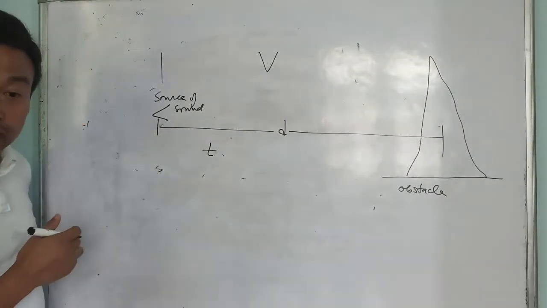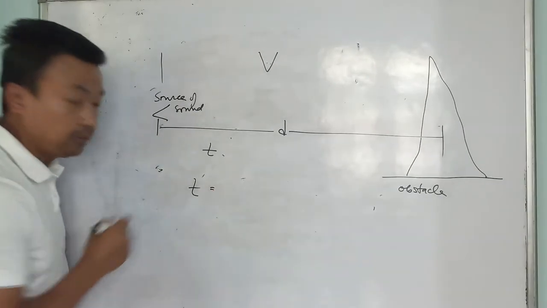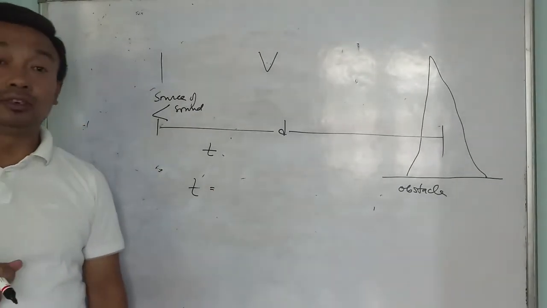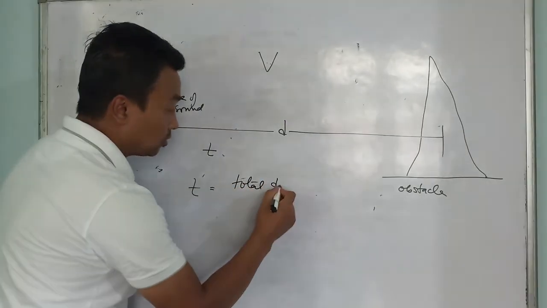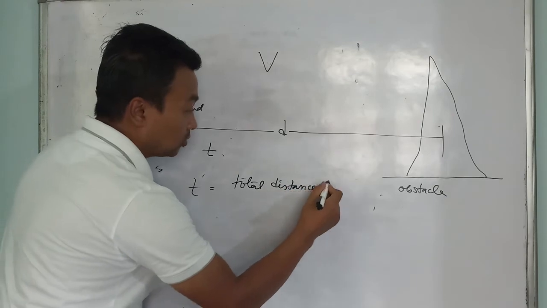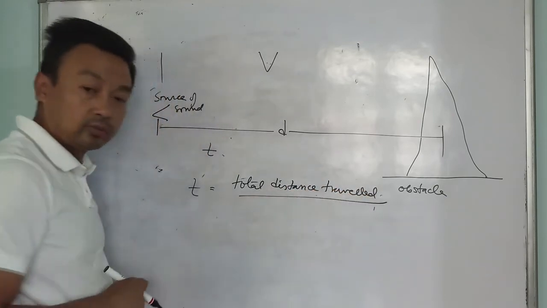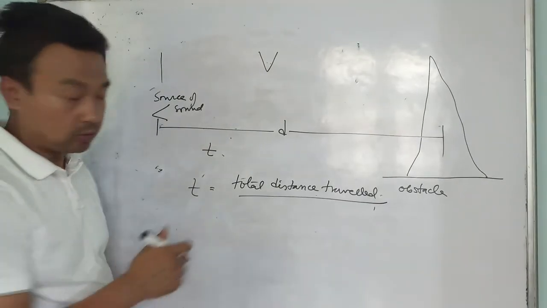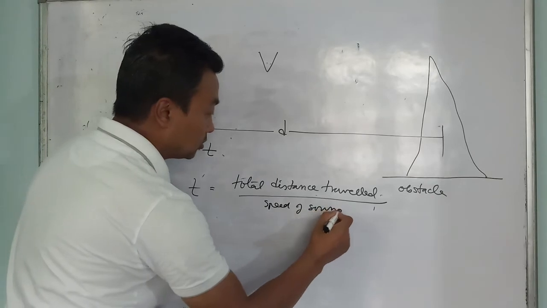From the formula of speed, distance and time, time is equal to total distance traveled upon the speed of sound.